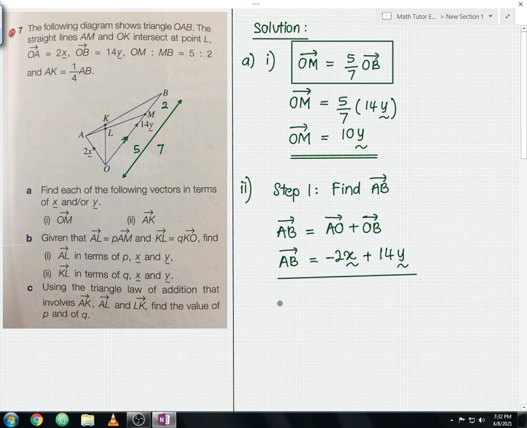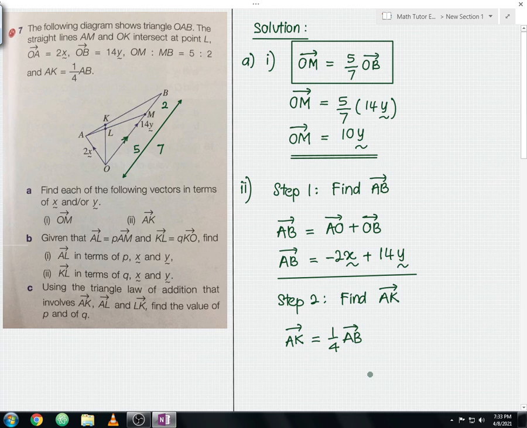So let us write down the working here. Step 2: find vector AK. Since in the question they already give the relation between AK and AB, let us write it down in vector form, where vector AK is equal to 1 over 4 of vector AB.